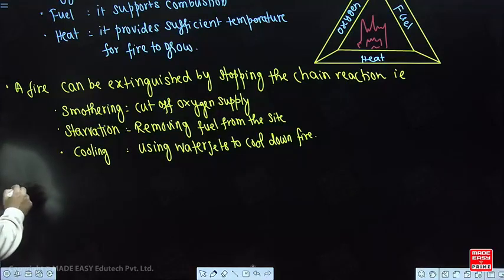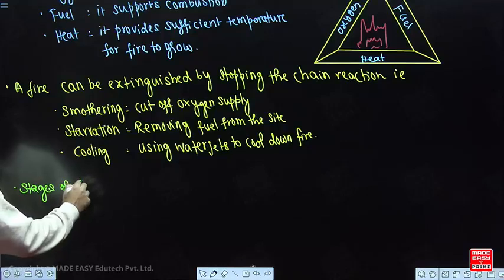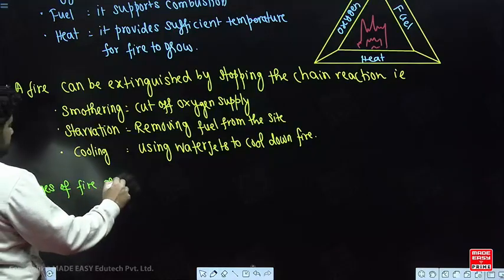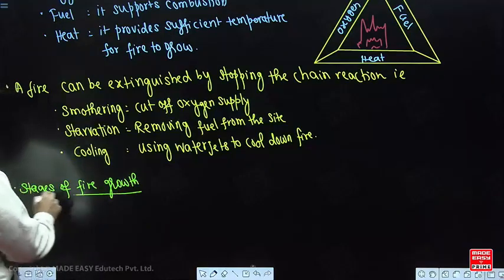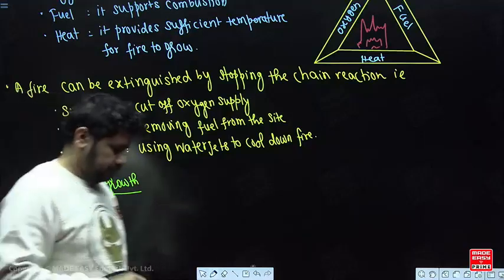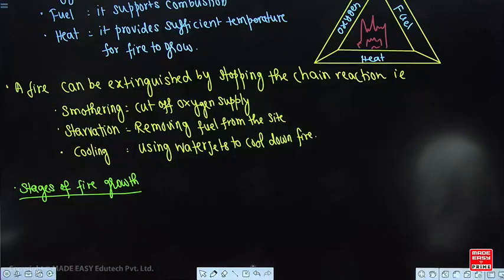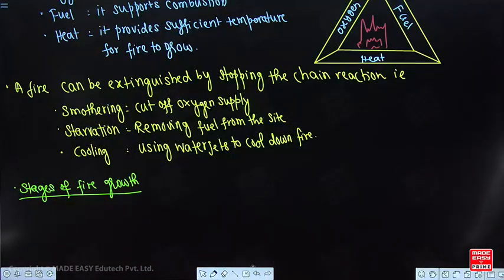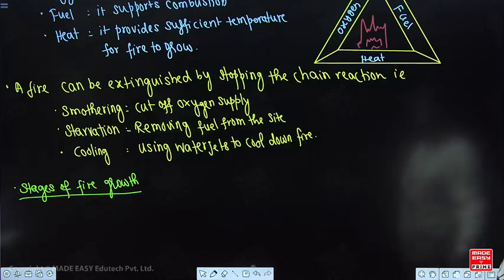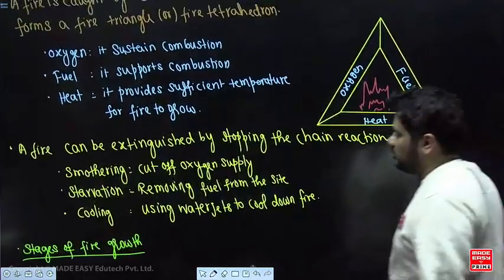So next we have stages of fire growth. Stages of fire growth. So there are 4 stages of fire growth. So completed till here. यहाँ तक note कर लो.